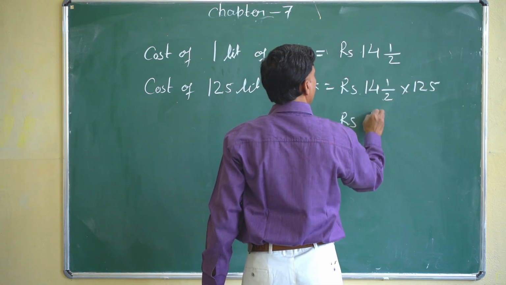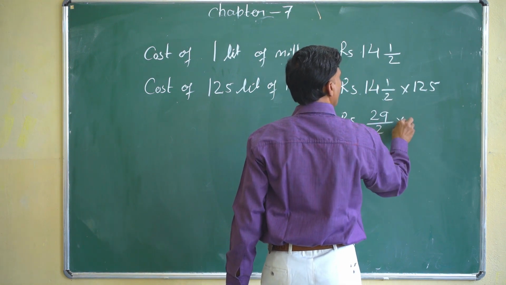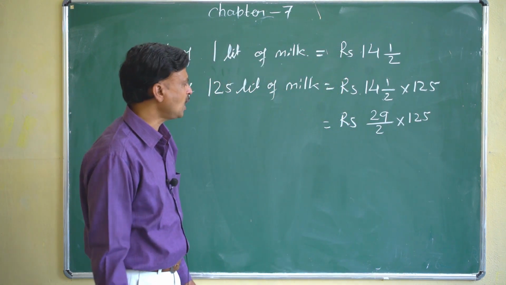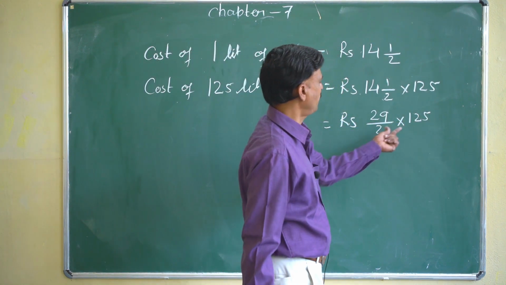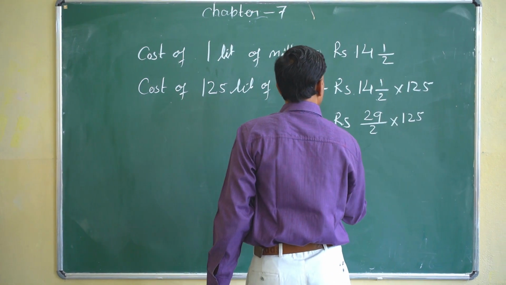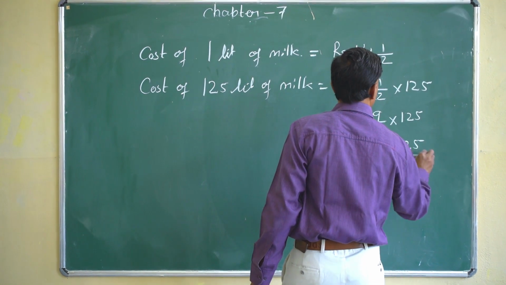So what will it come? 14 times 2 is 28, plus 1 is 29, so 29 by 2 multiplied by 125. Got it? Now you see that 125 is not divisible by 2. So 29 and this value 125 will be multiplied and then divided by 2.